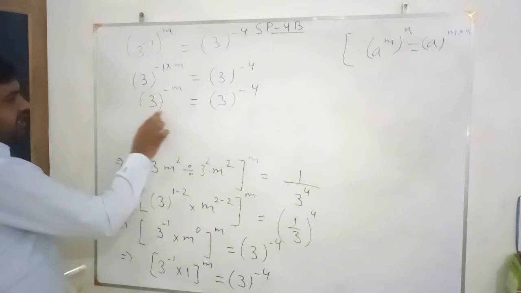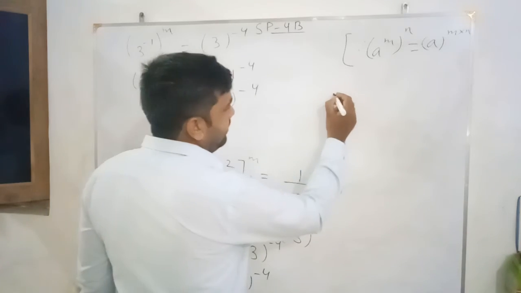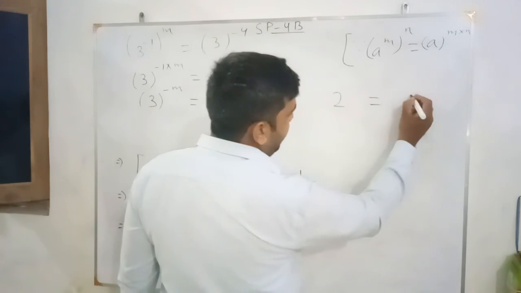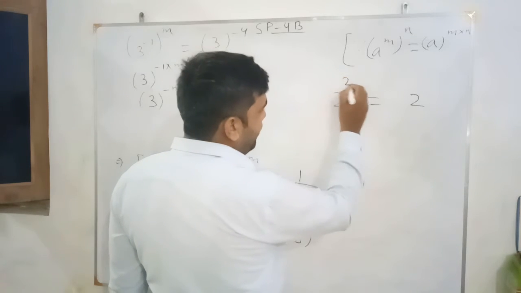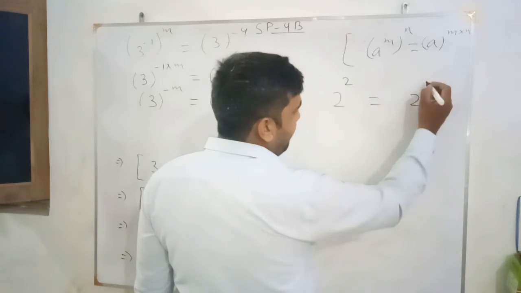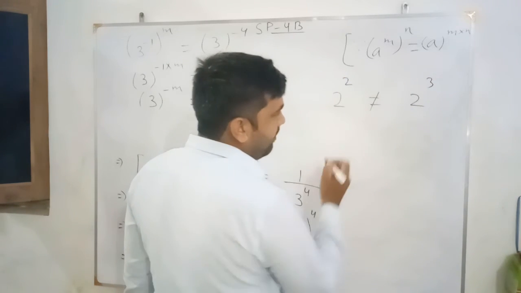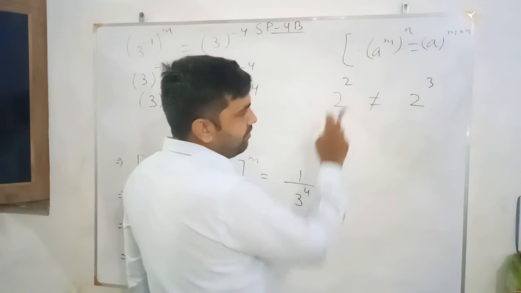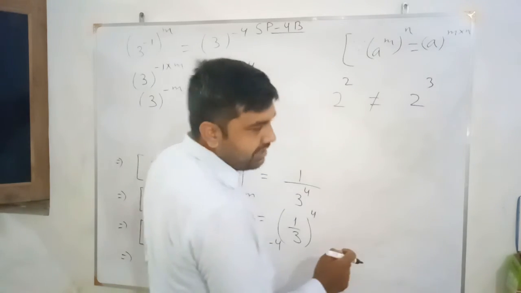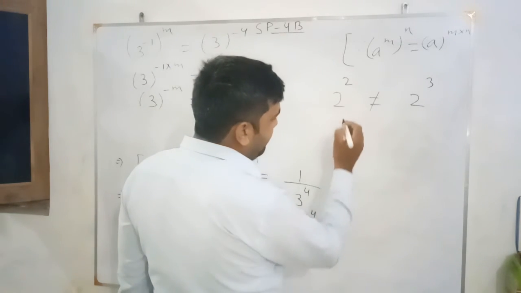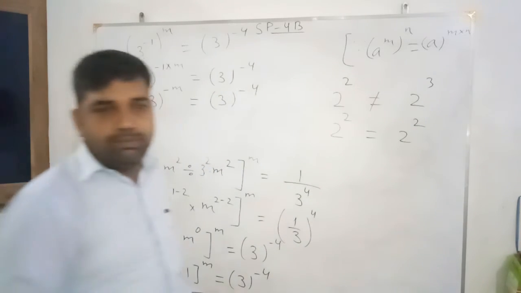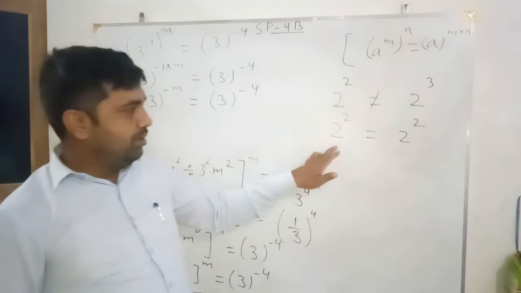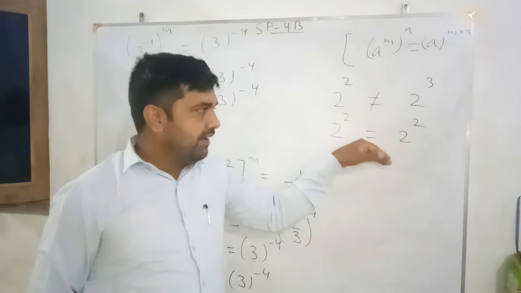For example, if on the left hand side the base is 2 and on the right hand side the base is also 2, what if on the left you raise the power 2 and on the right you raise the power 3? The values will not be equal, because 2 to the power 2 is 4 and 2 to the power 3 is 8. So only when the base and index both are same will the value be equal.